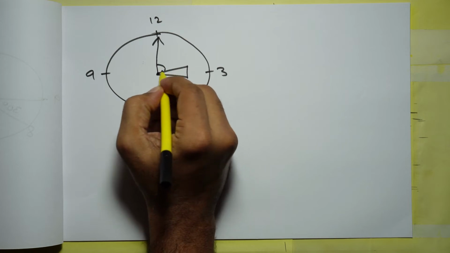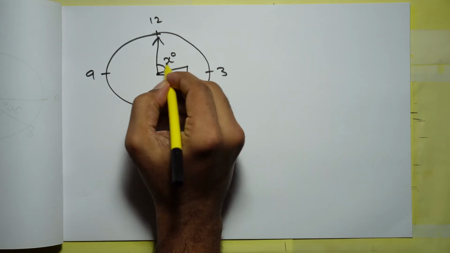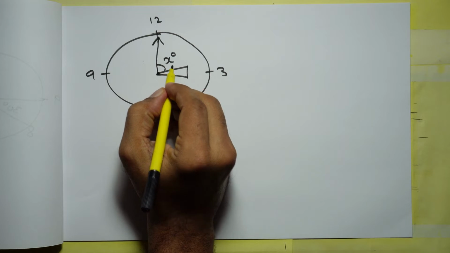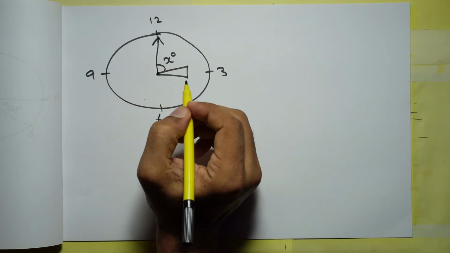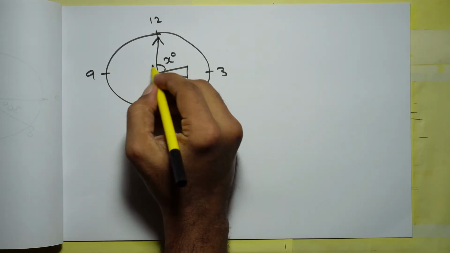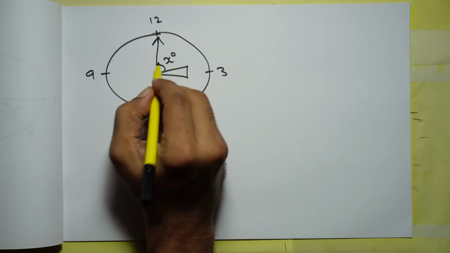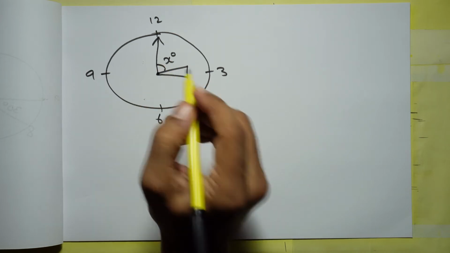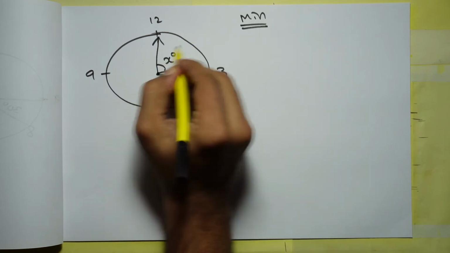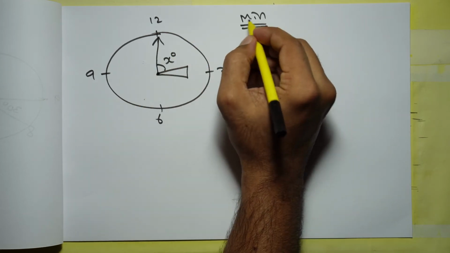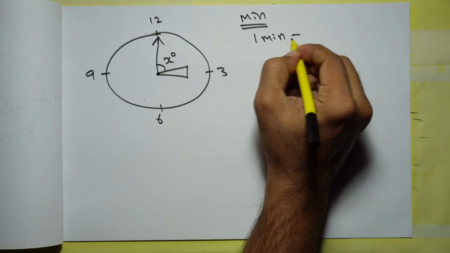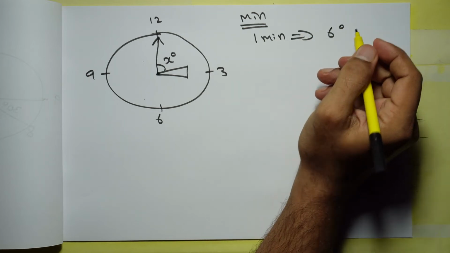Assume that the angle between the hour hand and minute hand, right now, is x degrees. Now the question is, what will be the angle after 1 minute? We need not calculate x, just take it as x itself. Now if you look at the minute hand alone, in 1 minute it will move 6 degrees.